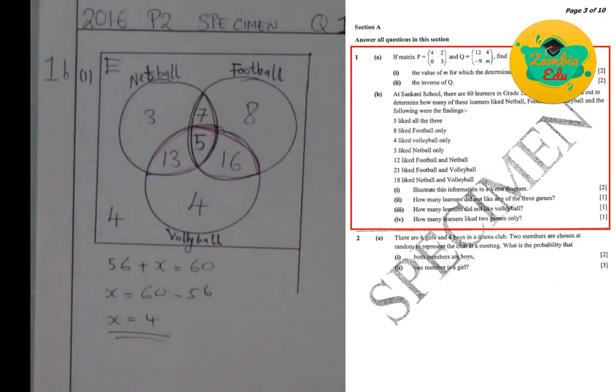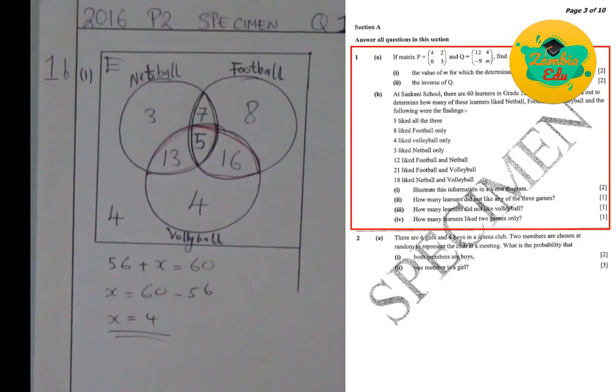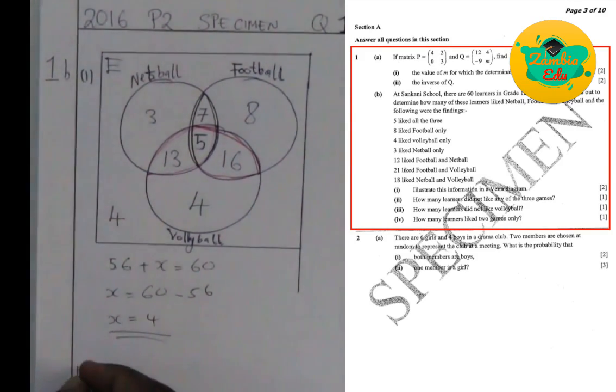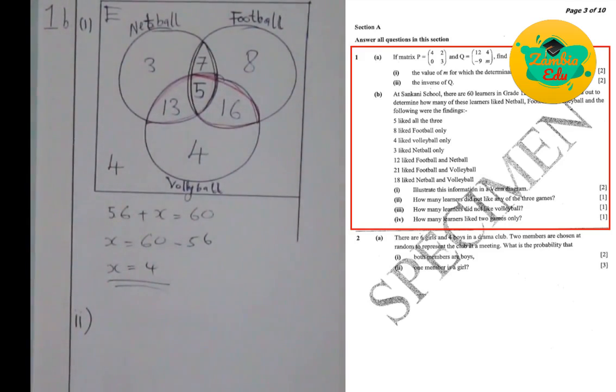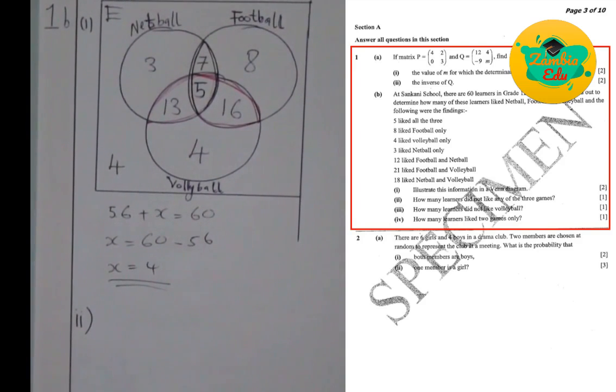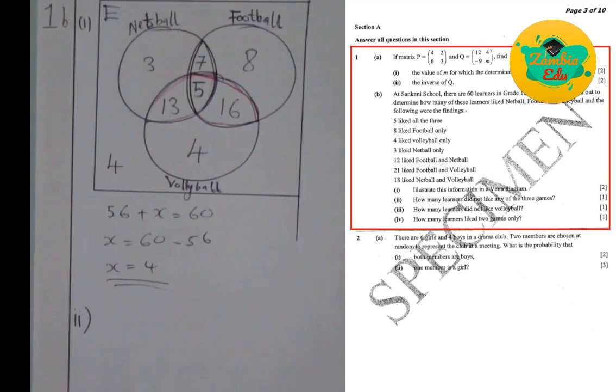So now let's move on to answer our second question under question B there. Our second part of this question says, how many learners did not like any of the 3 games?